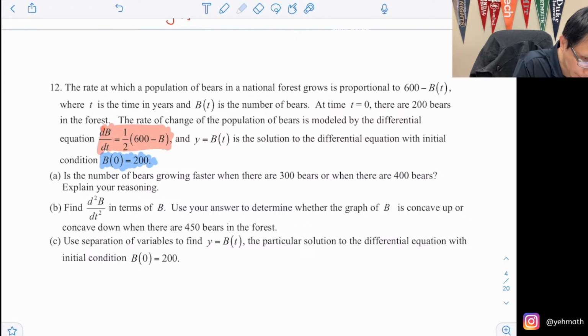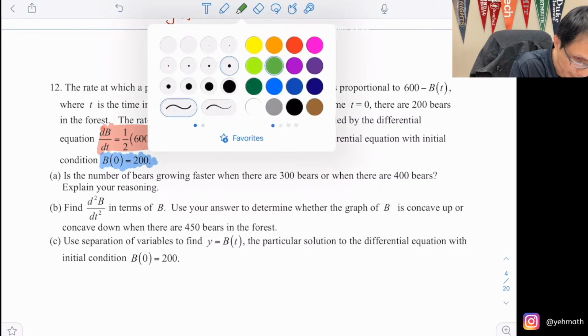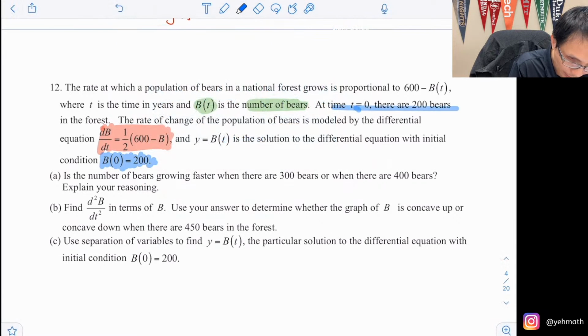Of course B of t is the number of bear, and it is proportional to 600 minus B of t. And this is also the initial condition, just in a different format.